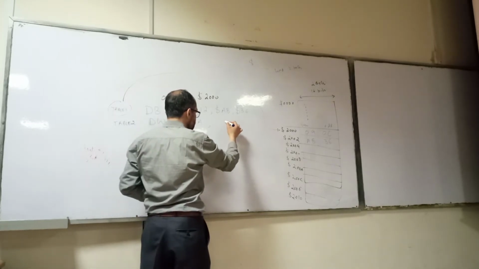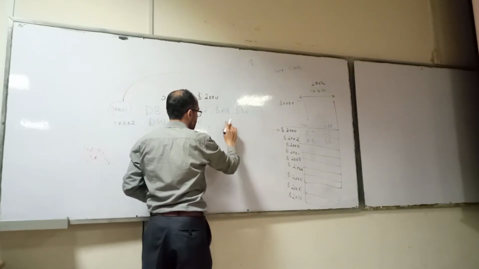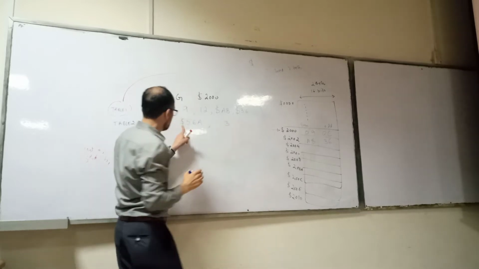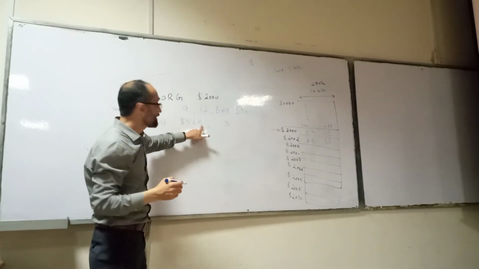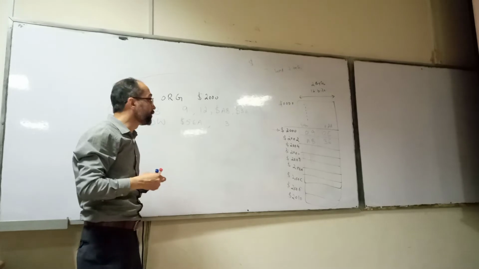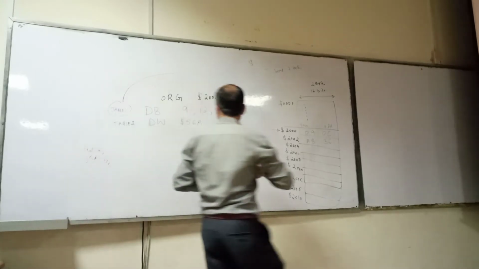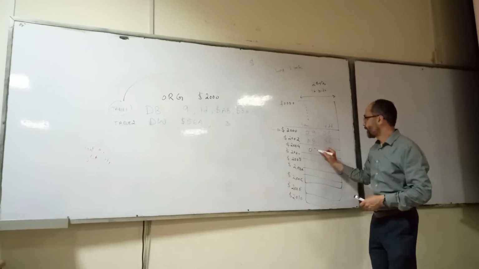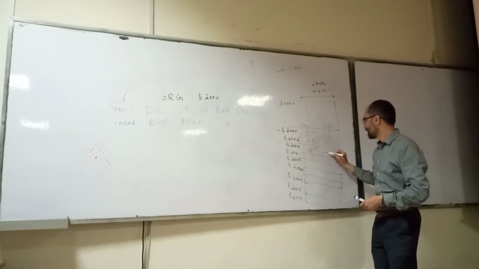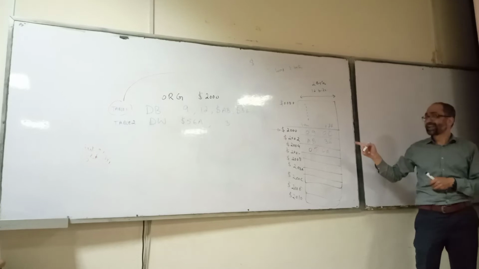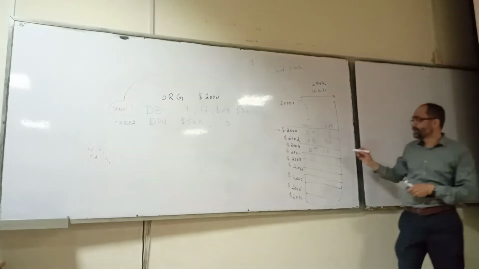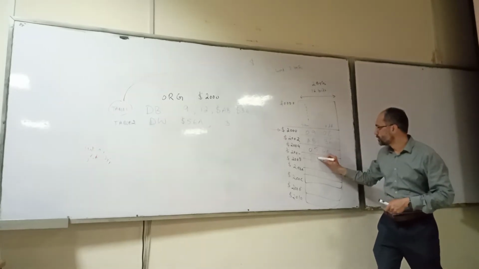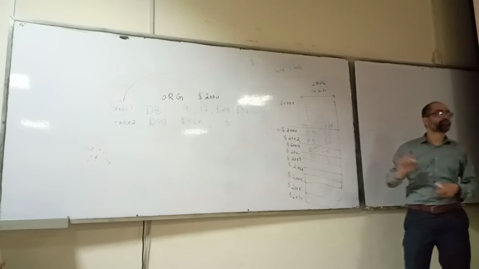So 5, 6, 8. How many bytes will be stored? 2 bytes. So actually it will be equal to 0, 5, 6, 8. It is the address of the first element. And then what will be stored then? 0, 0, 0, 3.